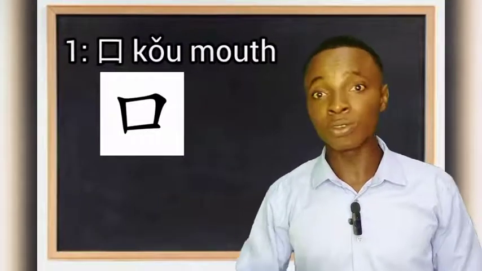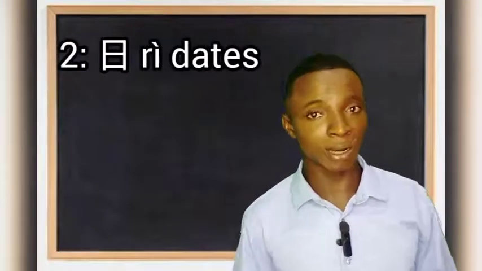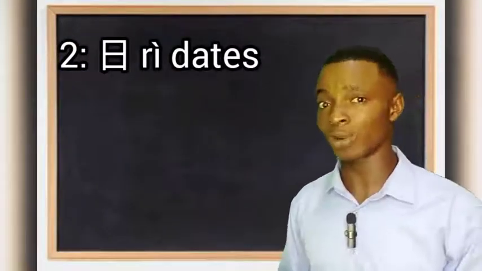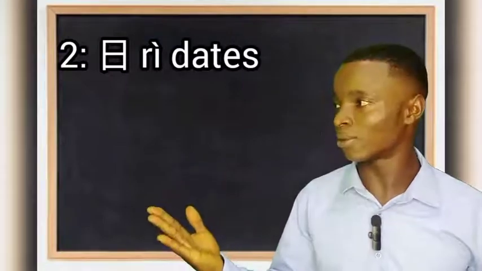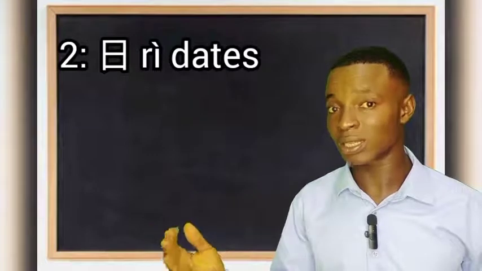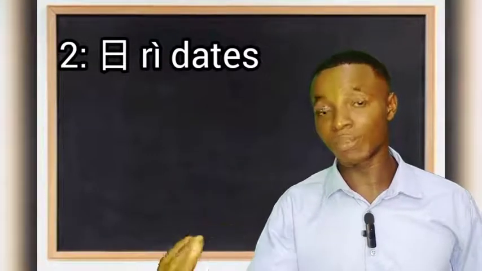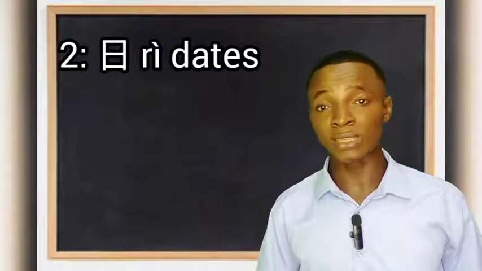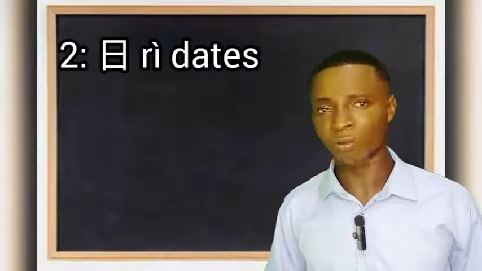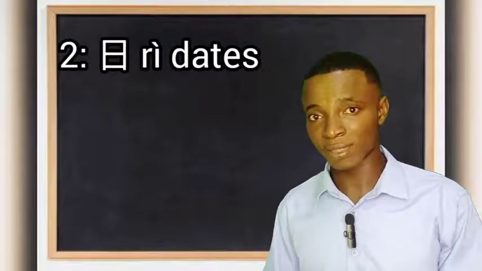Now, let's move to the next character where this héngzhé also appears. Another commonly used vocabulary where this héngzhé appears is this one. Rì. Rì means day or dates of the month. We usually use this character when talking about days or dates of the month. For example, today is December 5th.